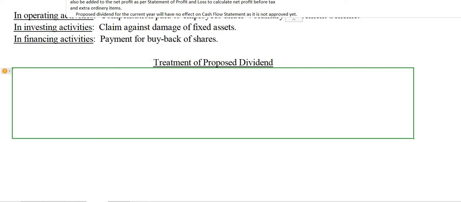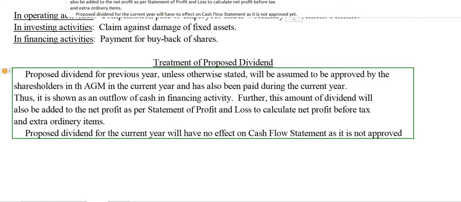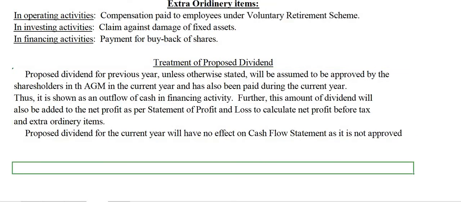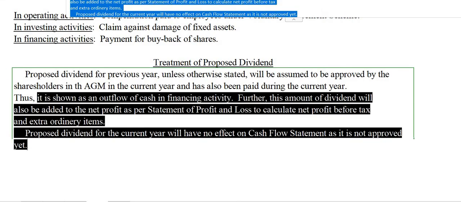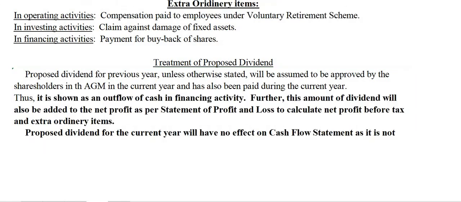We will take only the previous year balance. Proposed dividend means the amount is decided to give to the shareholders. Okay, that amount is called proposed dividend. And the treatment here is we have to take the previous year amount, and that amount only will be mentioned.